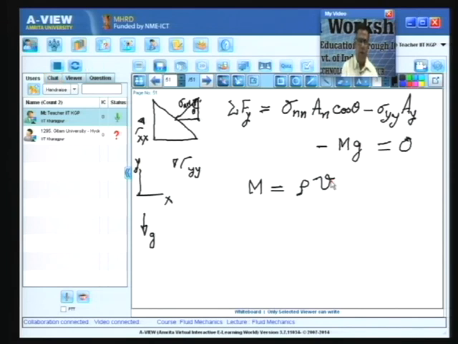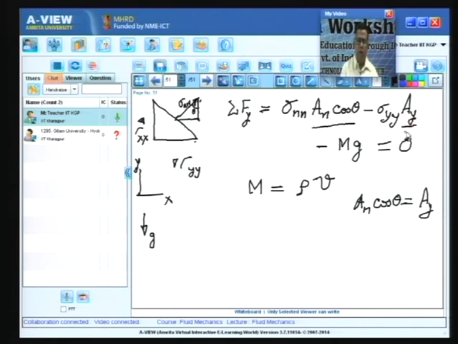And once again you can see that if this is A n, your A n cos theta is equal to A y. So, this quantity here, A n cos theta, is going to be the same as A y.